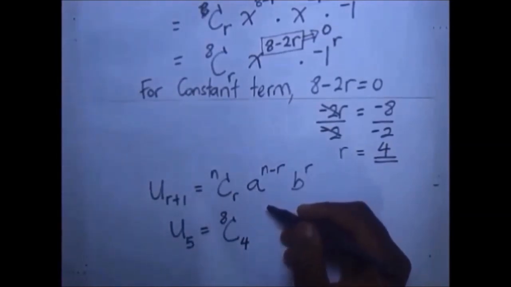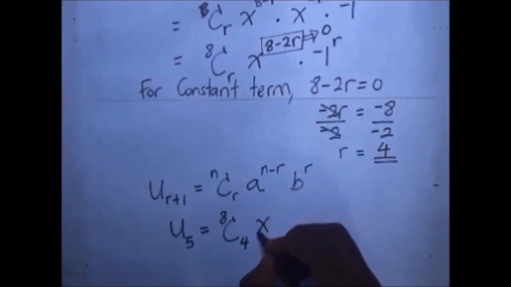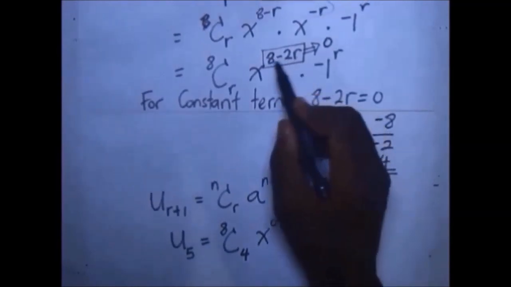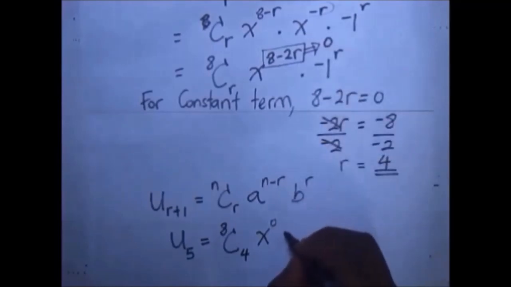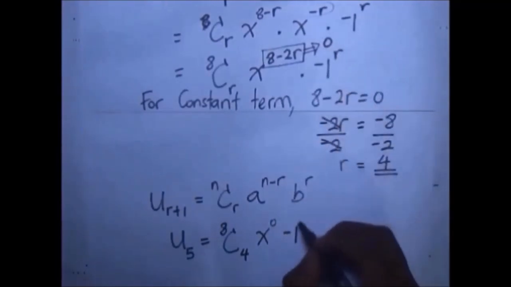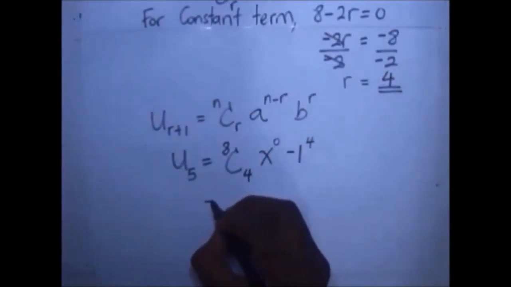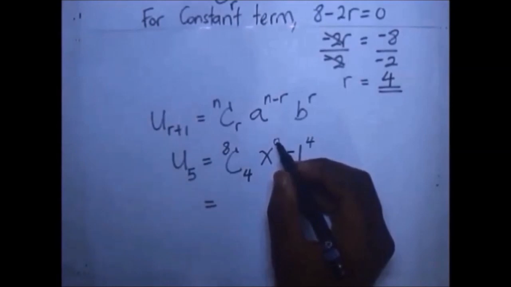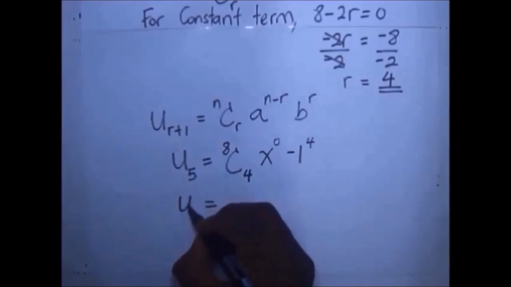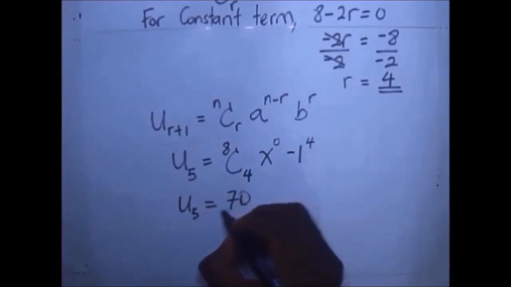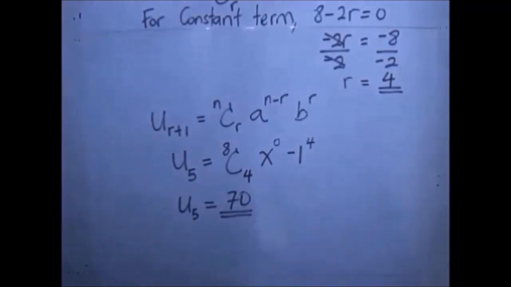Our value of a is x to the power 0, because 4 times 2 is 8, 8 minus 8 is 0, times negative 1 to the power 4. So x to the power 0 is simply going to give us 1, and we shall end up with our U5 as 70. So it is 70, and that is the constant term.